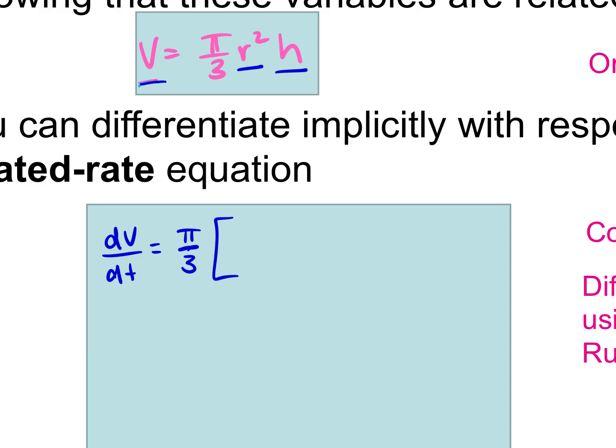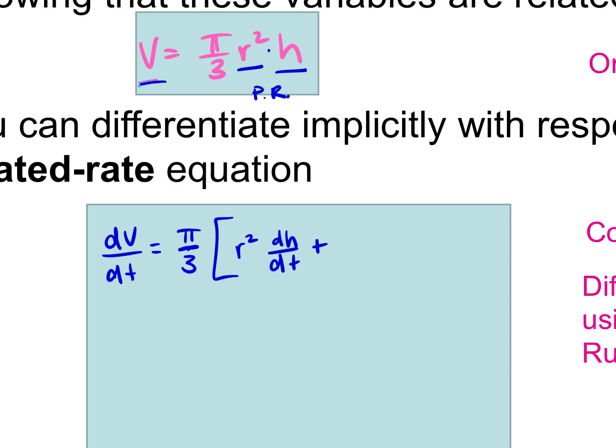How would I take the derivative of r squared times h? Product rule. We're multiplying r squared times h, so I have to do the product rule. So the first would be r squared times the derivative of the second. What's the derivative of h? 1, but what do we have to make sure we include? dh over dt, since h is our variable.